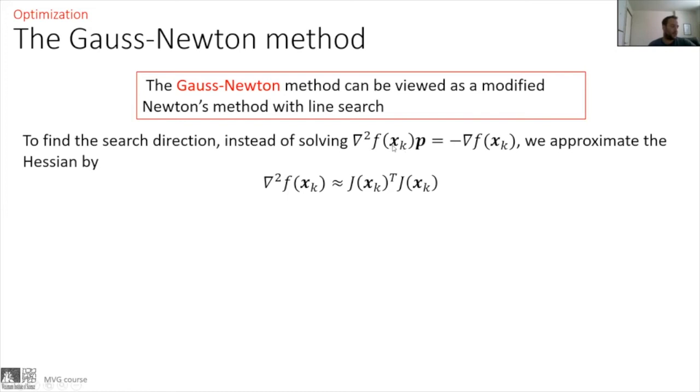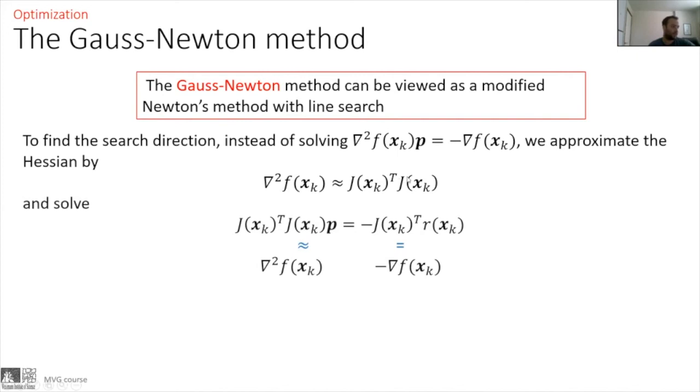So instead of solving the equation where the Hessian times p equals minus the gradient, we approximate the Hessian by J transpose J. And we get a new equation: J transpose J times p equals minus J transpose R, which is the gradient. All right.